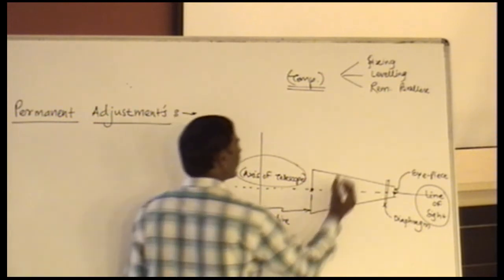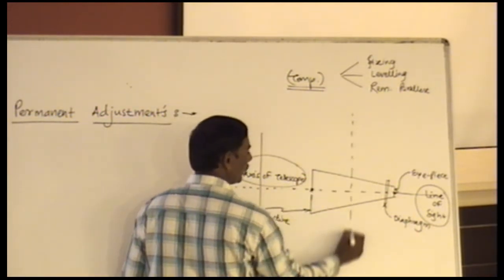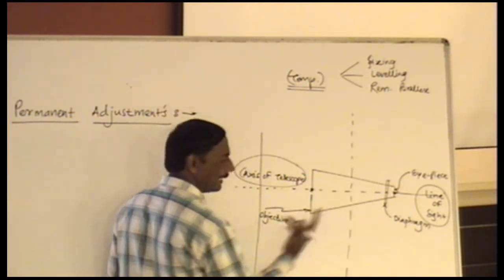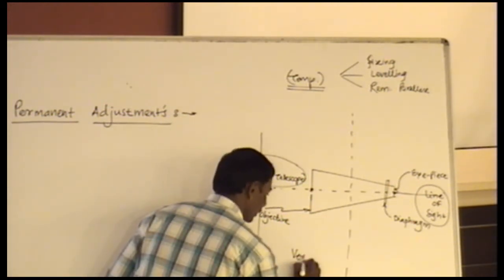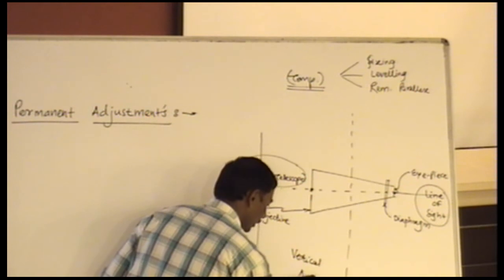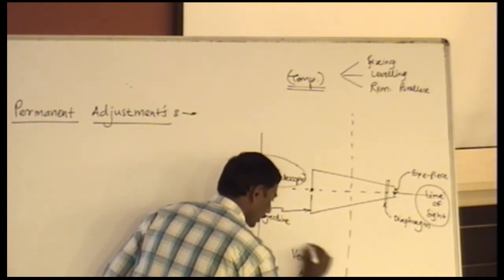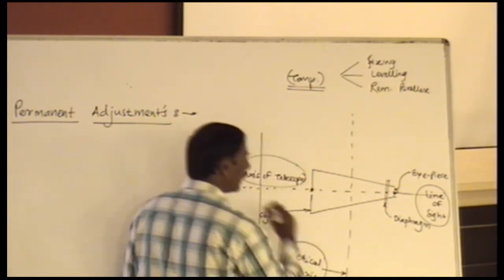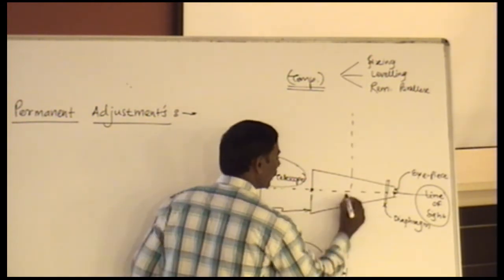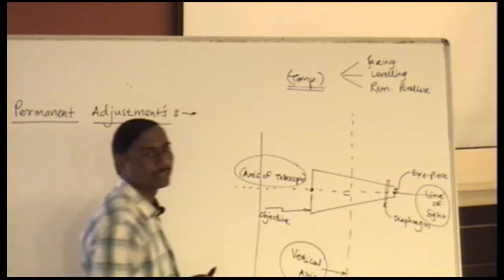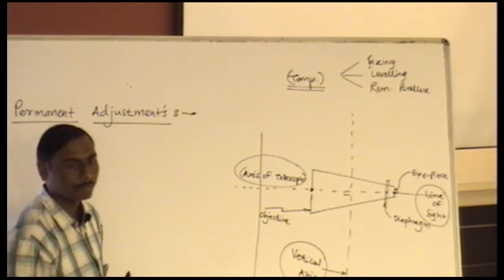Another axis, the axis about which the telescope can be rotated in the horizontal plane, is called the vertical axis. Now if you see the relationship between the vertical axis and the axis of telescope, they must be perpendicular to each other. They should be at 90 degrees.